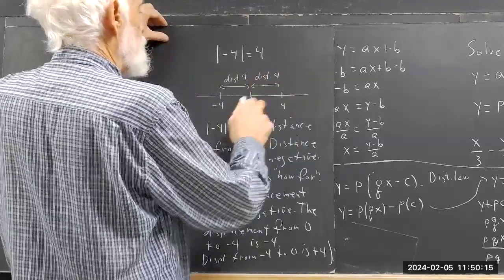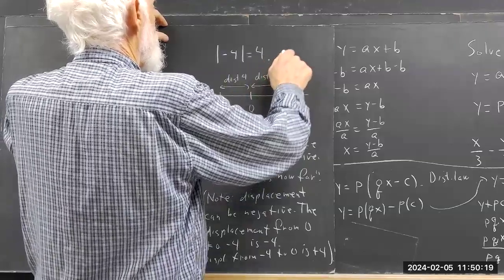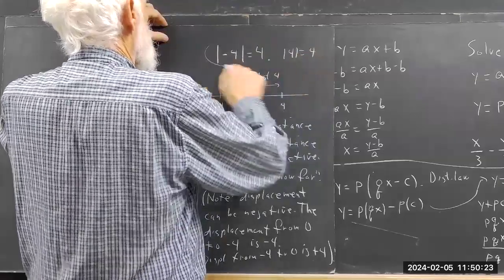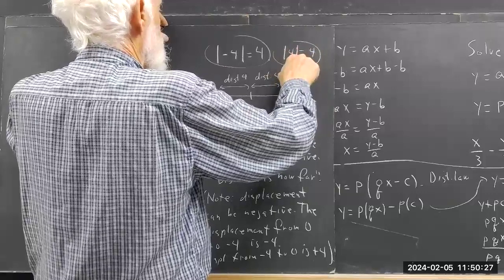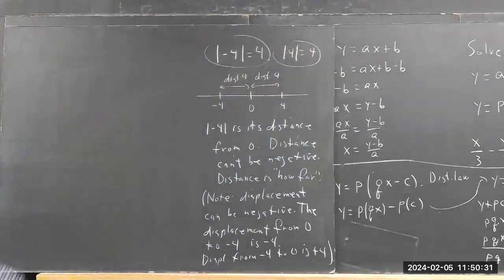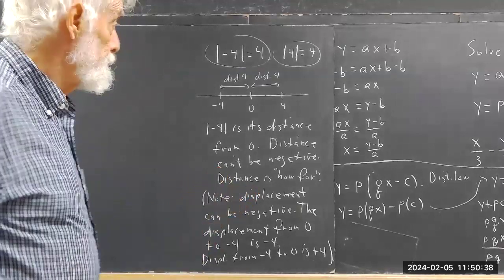And the distance between 0 and 4 is 4. So this is 4 and this is 4. Okay, so that's not difficult. If it's a negative number, you just make it positive.